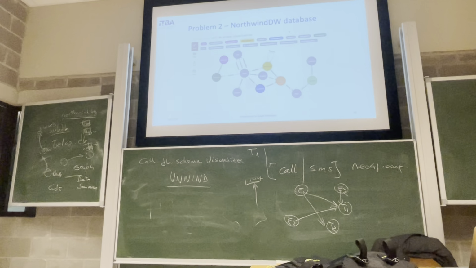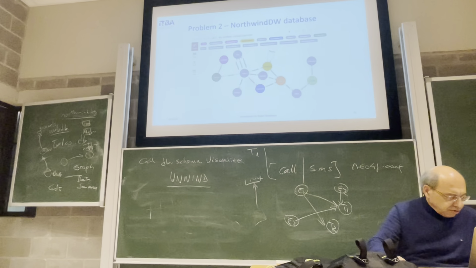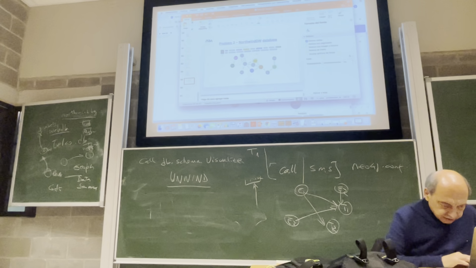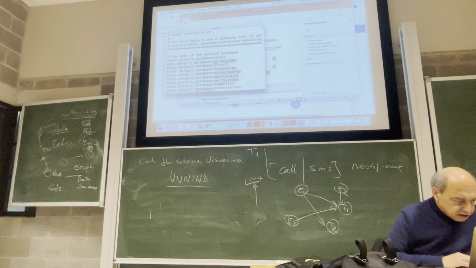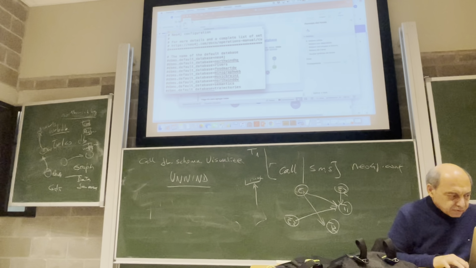So we have this information organized as a data warehouse. And since we have some time, I will show you how you can do this. So now, how was the HG database organized?